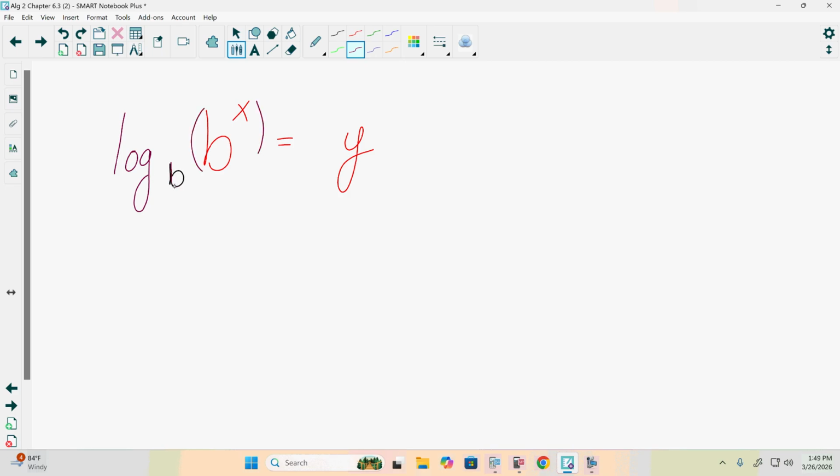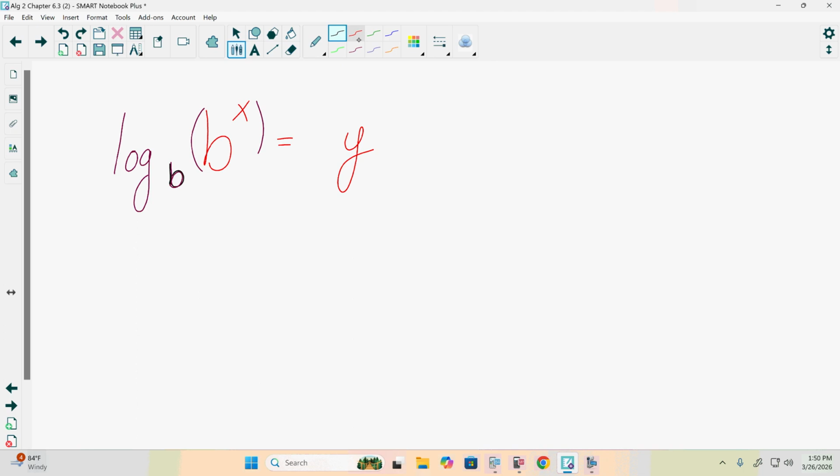One thing that we can do with logarithms is we can apply a log to both sides. It's just an operation. So if I apply log base b to the left-hand side, we get log base b of b to the x. Well, log base b of b will simplify.